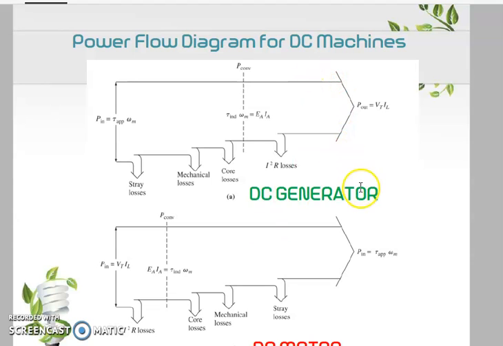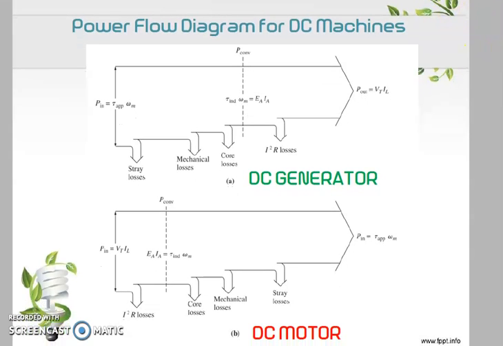So in terms of summary, in terms of the figure or diagram, this is the input power for the generator. How much we put in, the range is very high, but at the end the output power will be much lesser due to losses: I squared R, core loss, mechanical loss, and stray losses.